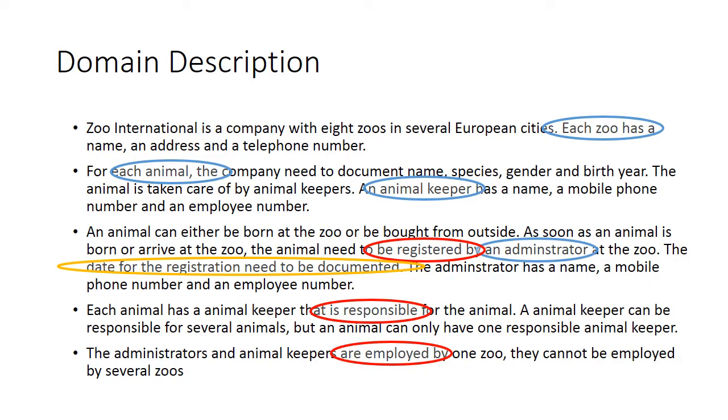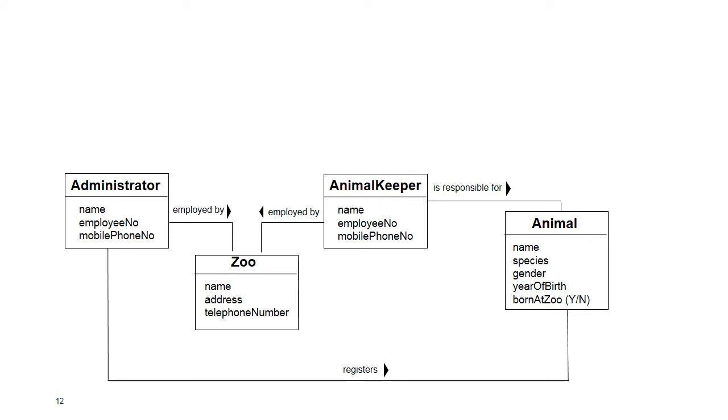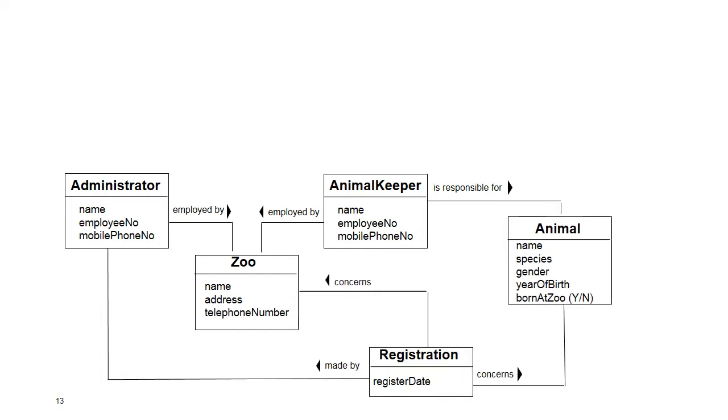A problem here is that we need to document the date for the registration. And this date for registration needs to be an attribute of the association registers. But that's not possible, to have an attribute on an association. So what you need to do then is to create a new class, registration.